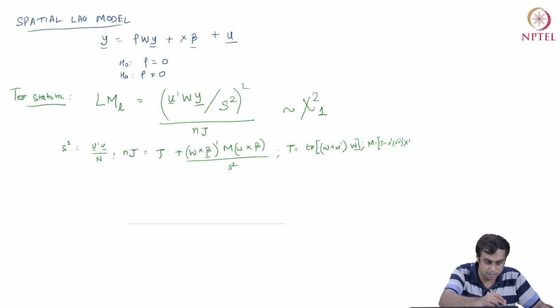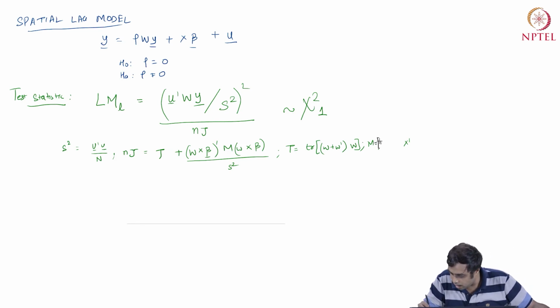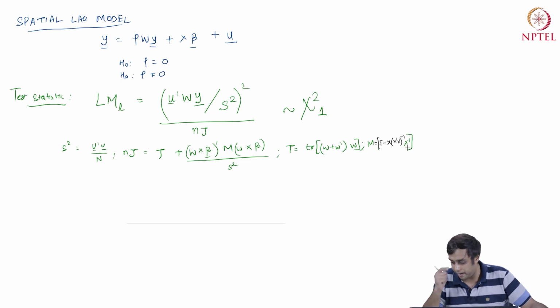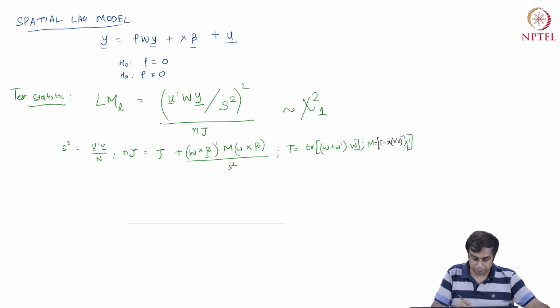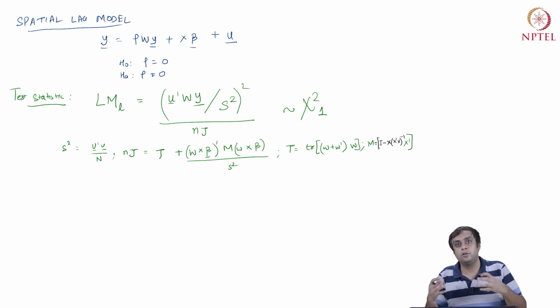Sorry, there's a typo here, I'm going to rewrite this. M equals I minus X prime X inverse X prime, and then close the bracket. Okay, this is a projection matrix. The idea is the same. Now the expression is a bit more complicated, but the idea is exactly the same that we have seen earlier.